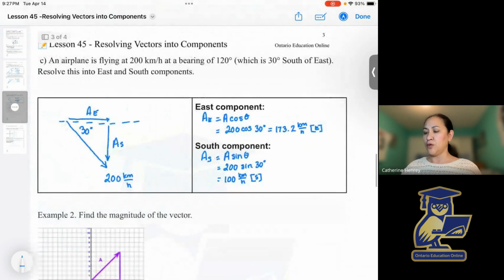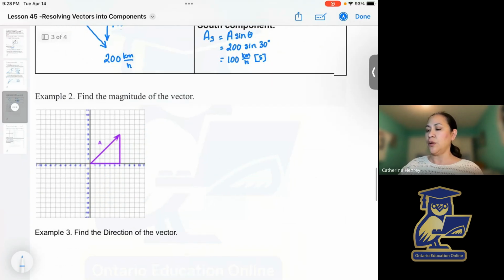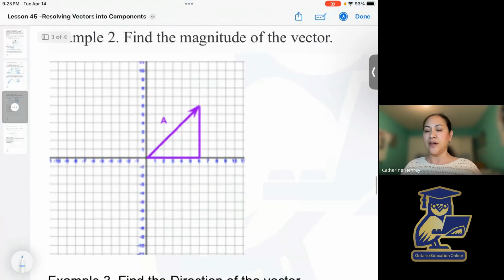So those were examples showing us how to resolve a vector into its horizontal and vertical components. Let's take a look at an example where we would have to find the magnitude of the vector. So if I take a look at this diagram, you have vector A, but the magnitude is not labeled.